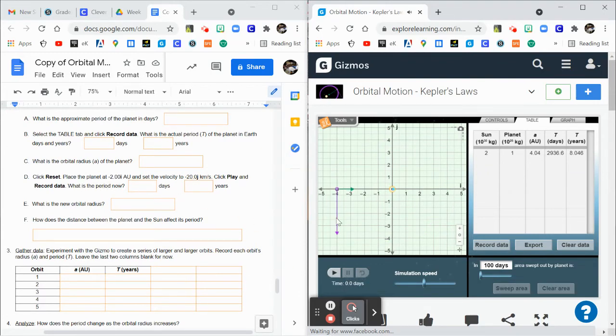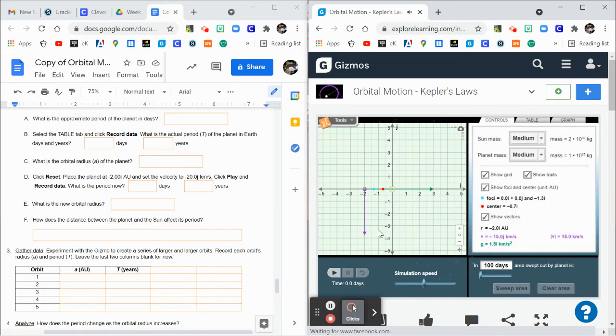Place the planet at 2. Let's take a look at controls. Okay, 2, and set the velocity to 20. There it is. Click play and record data.